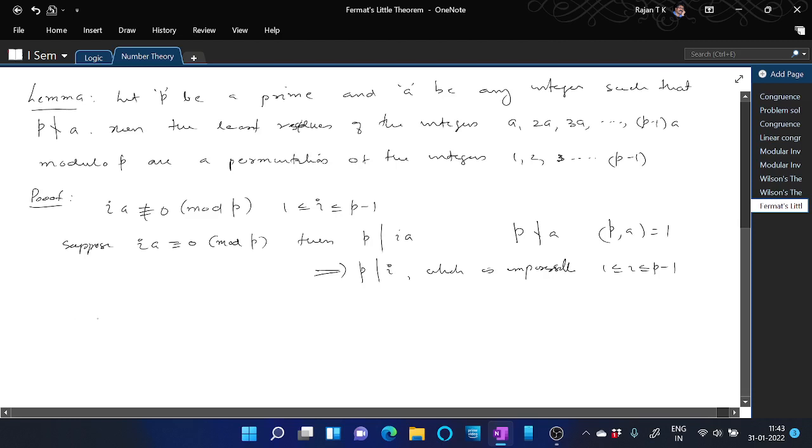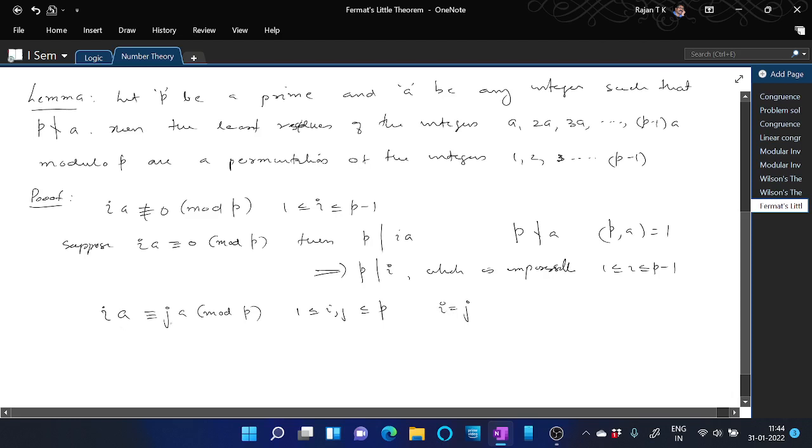Next we will show that if ia is congruent to ja modulo p, for any i, j with 1 less than or equal to i, j less than or equal to p minus 1, then i is equal to j.